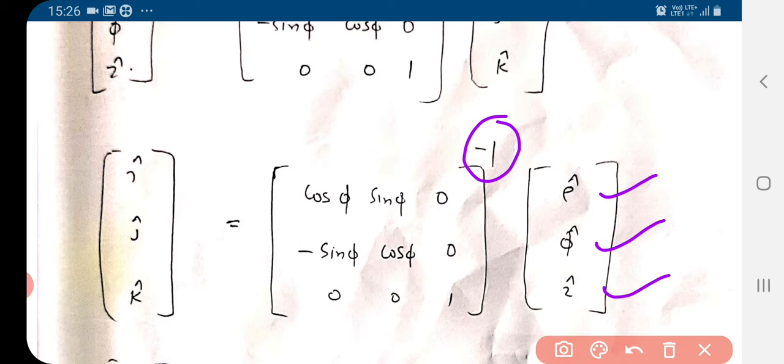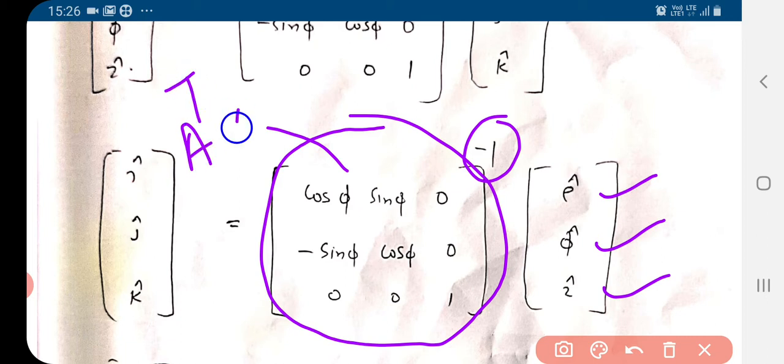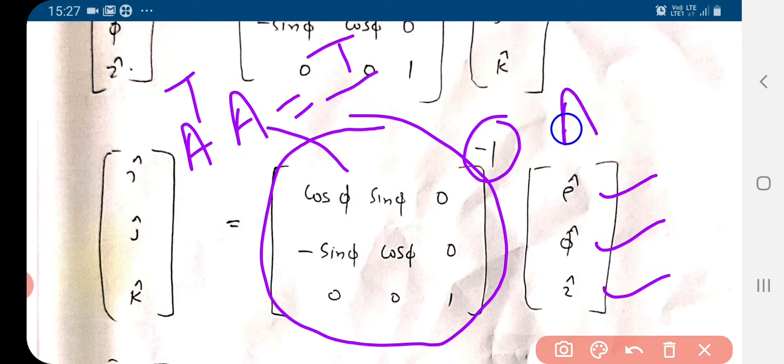So we have to find the inverse of this matrix, and it is simply the transpose, because for this matrix we have A transpose A equal to I. So if A transpose A is I, then A transpose is simply equal to A inverse.